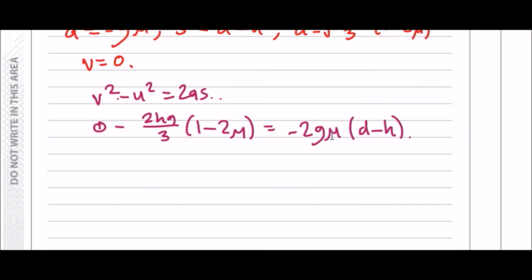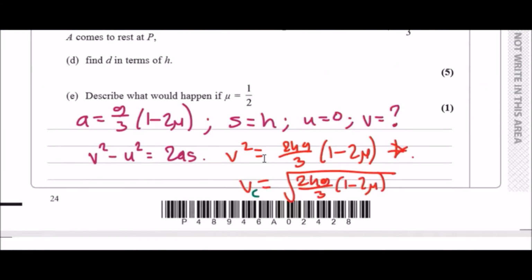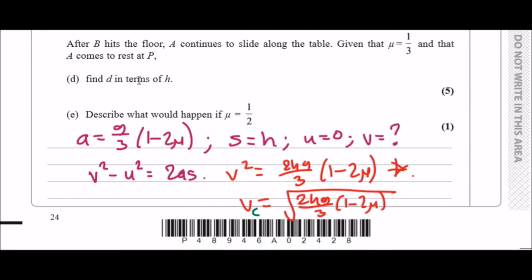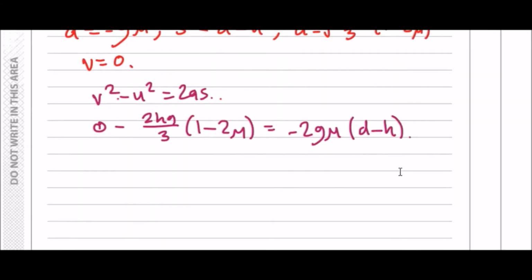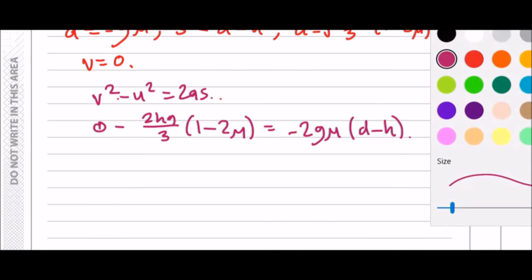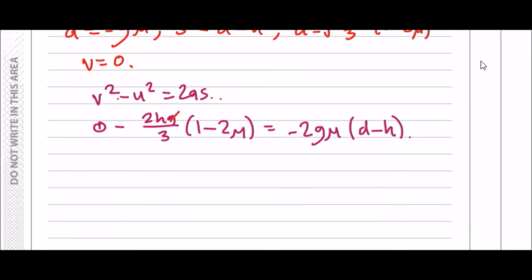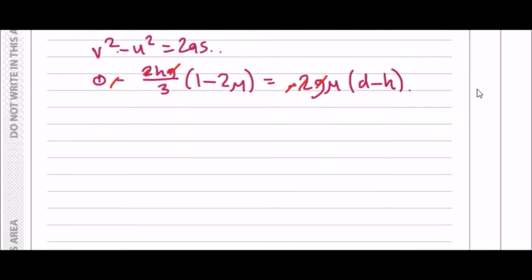Okay, so it looks like we've got to do a bit of manipulation, because the objective is to make d the subject. Looking at both equations, g will be eliminated, because they both multiply it. The negative signs can cancel out, and the 2 can cancel out. So let's expand.